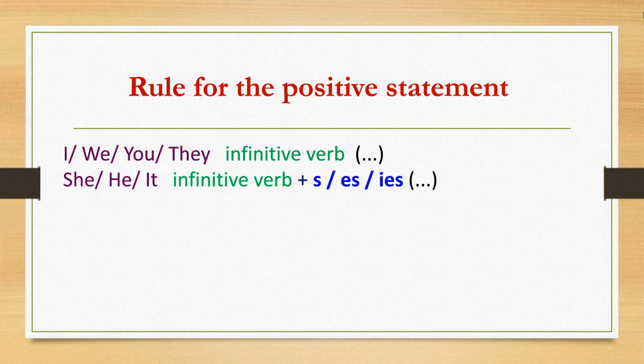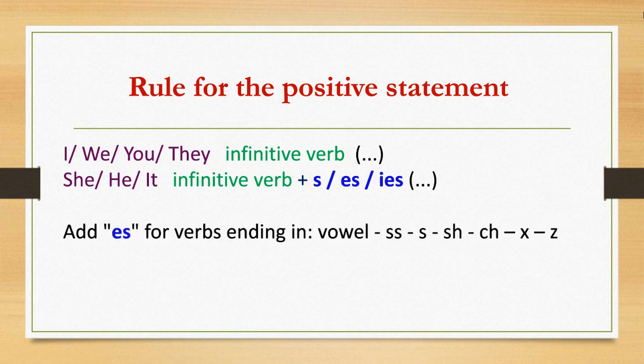For most cases, we only add S at the end of the verb, but we add ES for verbs ending in a vowel or ss or s or sh or ch or x or z.